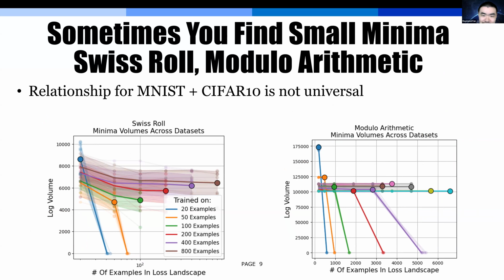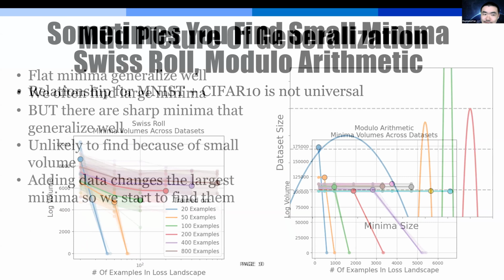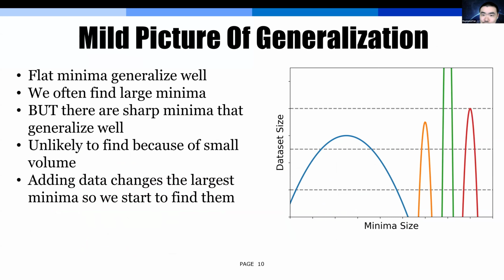As a take-home message, I found a much more mild picture of generalization than the original volume hypothesis, namely that flat minima generalize well. We often find flat minima, but there are sharp minima that generalize well, and we're very unlikely to find them because of small volumes. Deep learning needs data because adding data changes what the largest minima are going to be, so we start to find them.